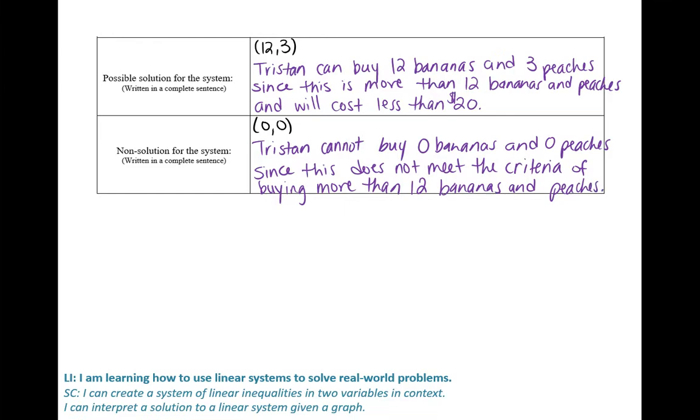So there you go. So again, not only saying the 0 and the 0, but also giving the reason and how it connects back to the problem.